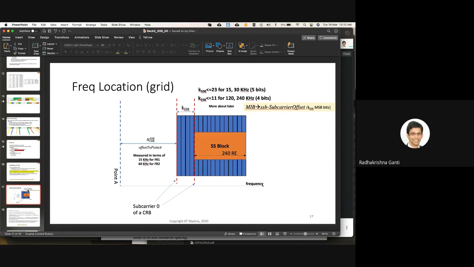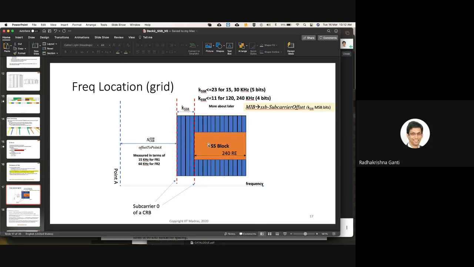One of the first things is, when we were learning the channel raster itself, what we said was there's something called an offset to point A that is given by NCRBSS, the CRB corresponding to SSB.